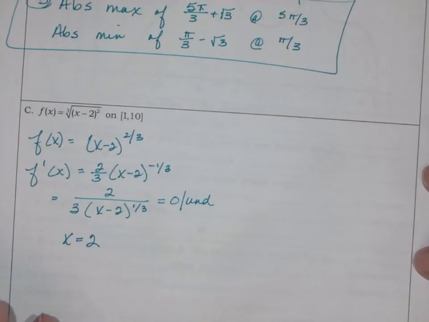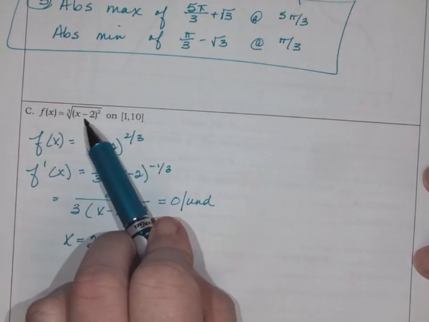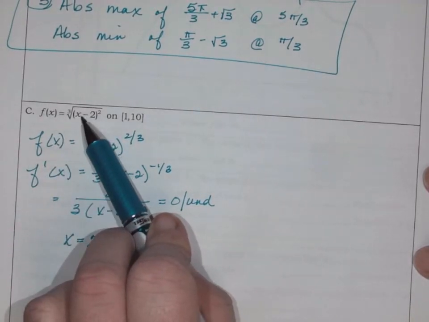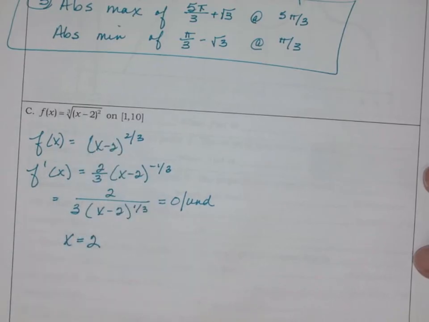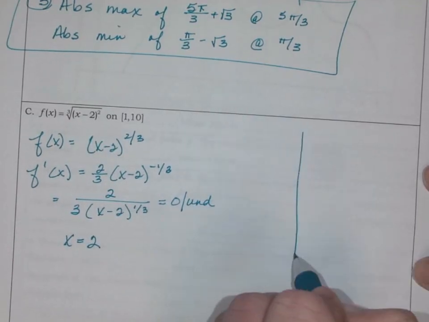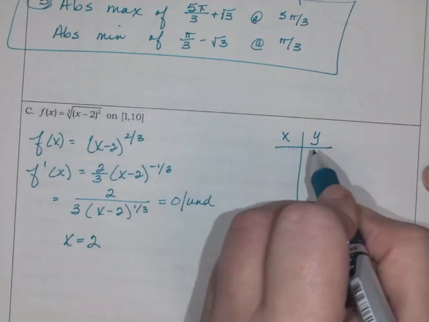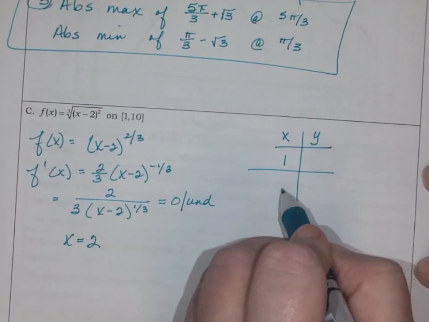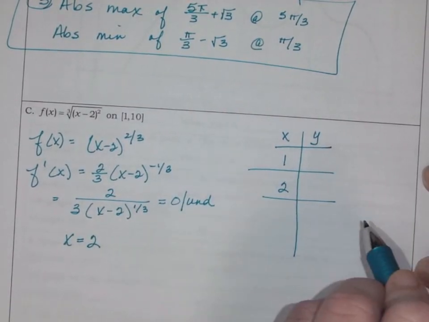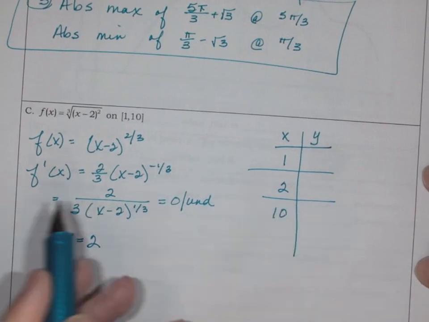Okay, so now we've got to see if 2 is part of the original domain of the function, which it is. We can take the cube root of 0, so we're good. So step 2 is to build my x and y. So I'm going to have my endpoint 1, my critical value 2, and my other endpoint 10.